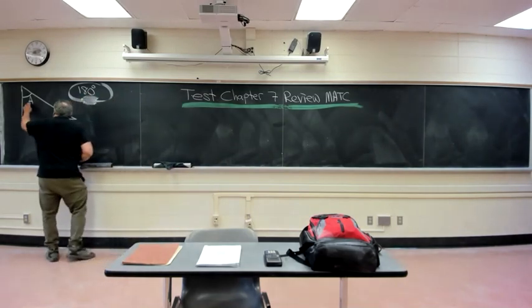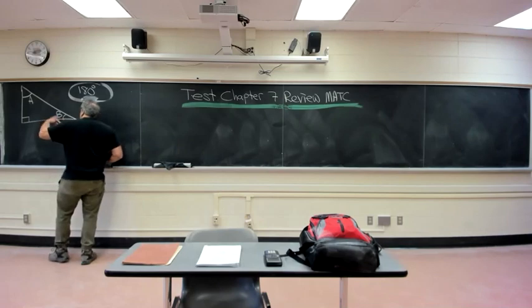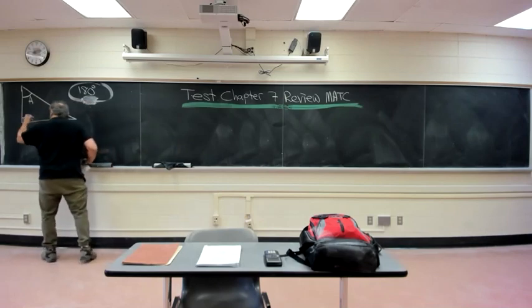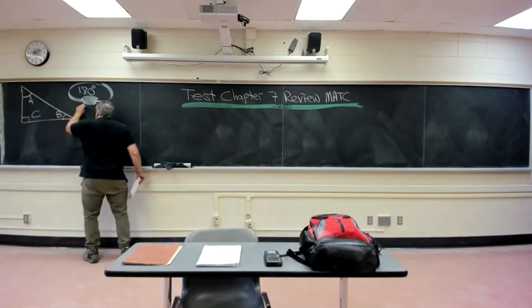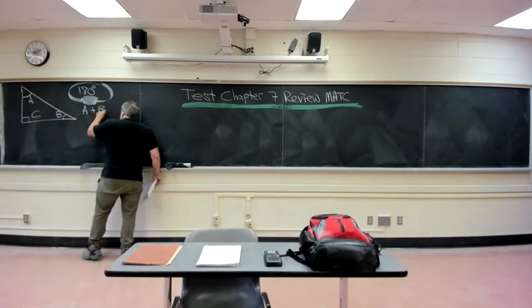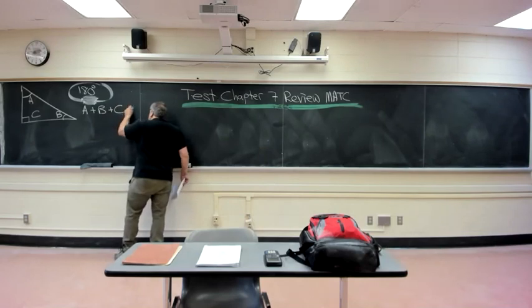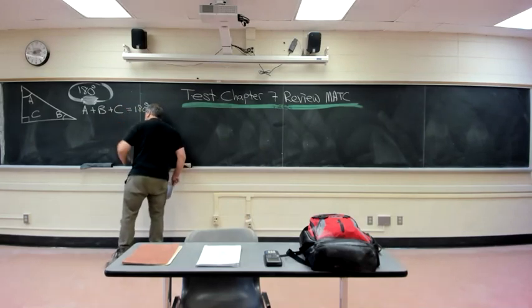So A, B, and, let's say this one is C, it happens to be a right angle. If you take the measure of A, the measure of B, and the measure of C, it's going to be 180 degrees.